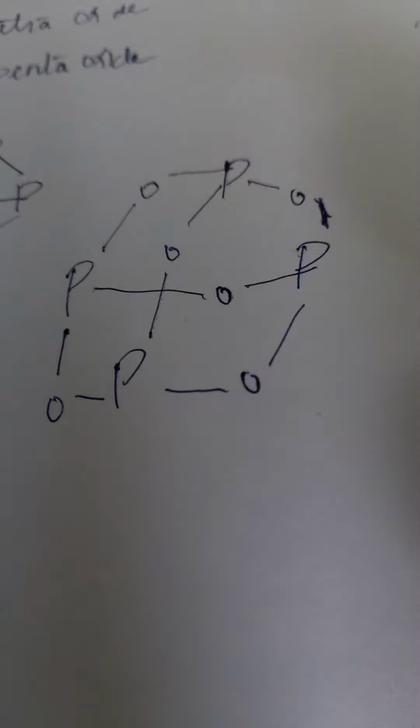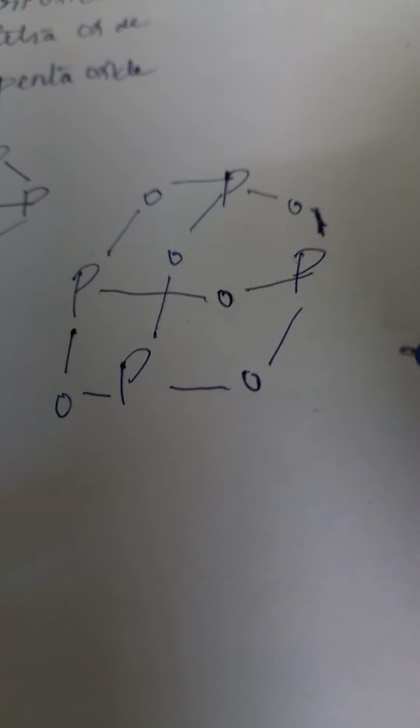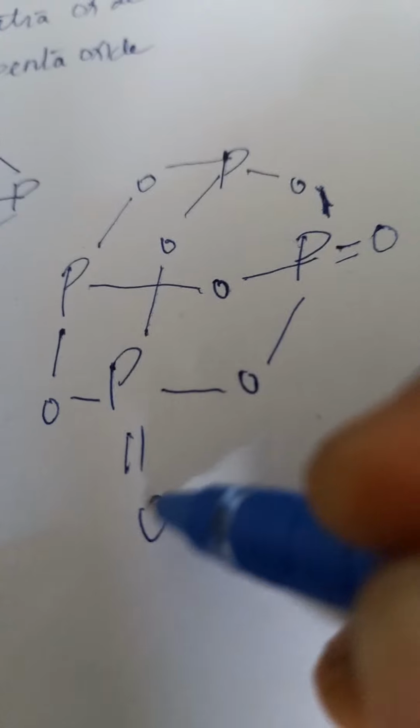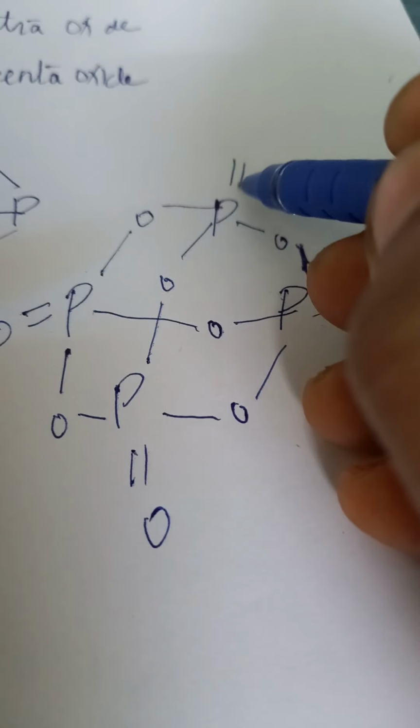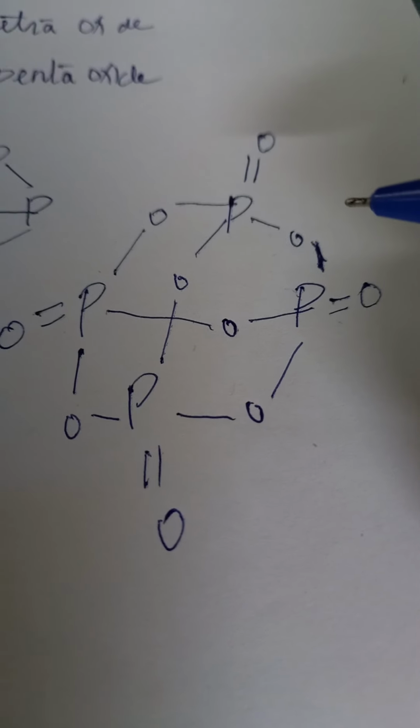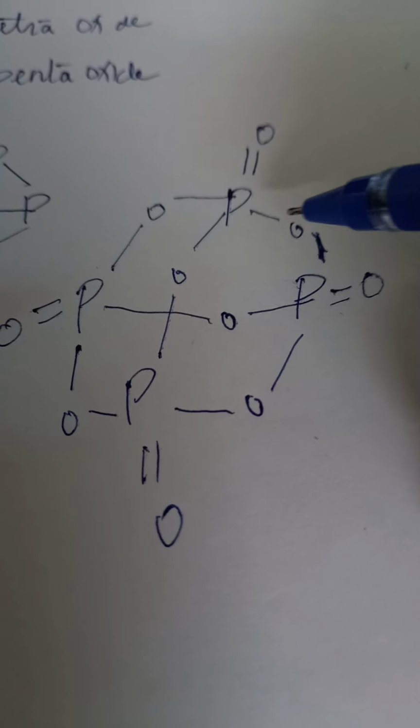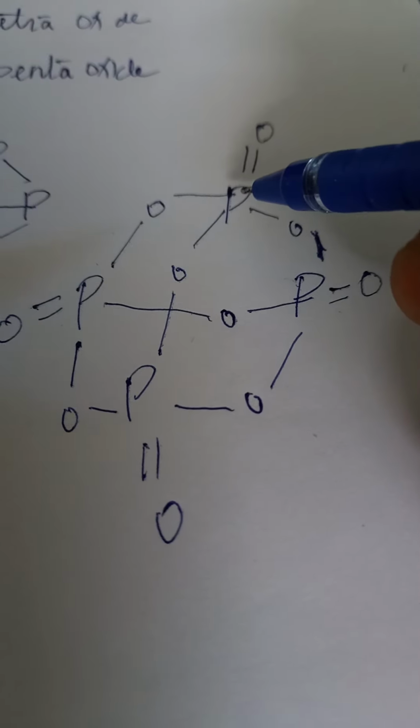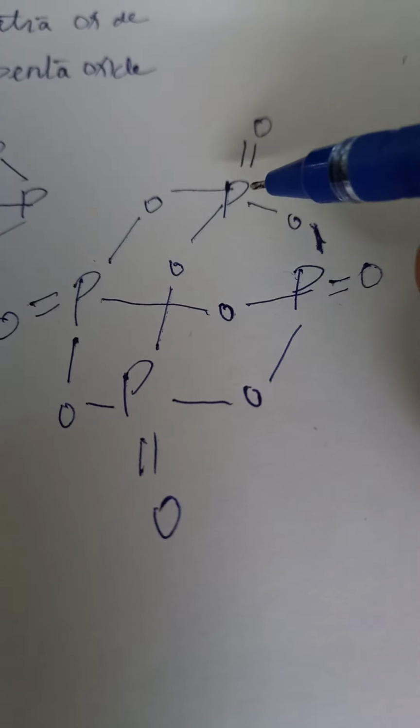Phosphorus pentoxide means P4O10. So this structure plus single bond, a terminal P coordinate bond, 4 oxygen. This is phosphorus pentoxide. Each phosphorus is linked to 4 oxygen atoms.